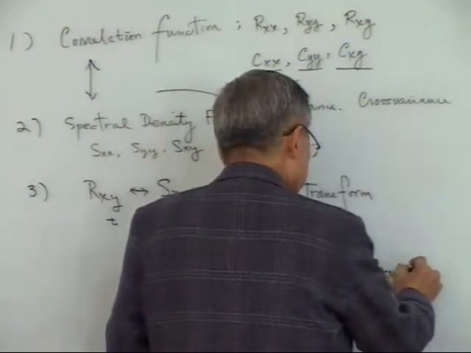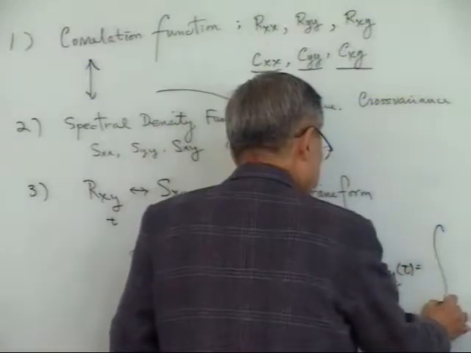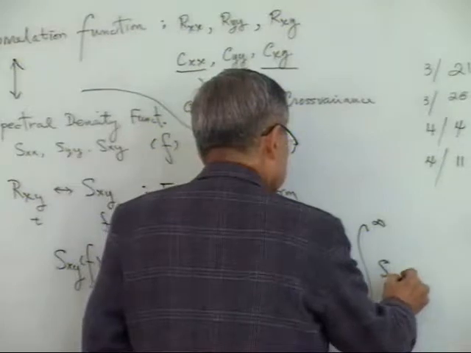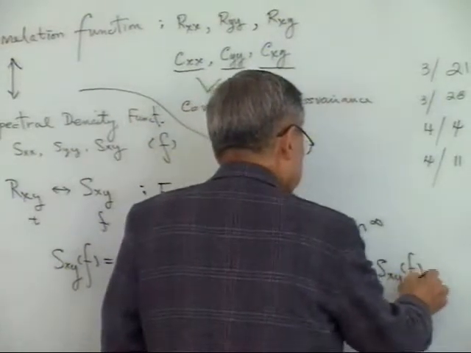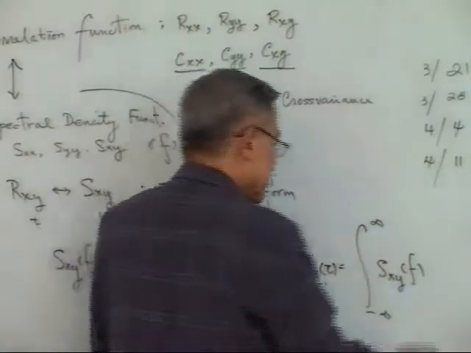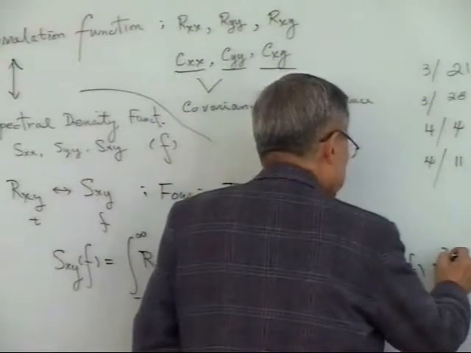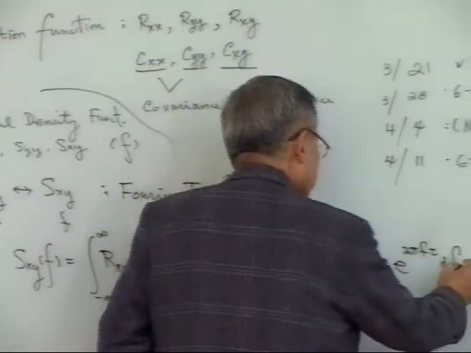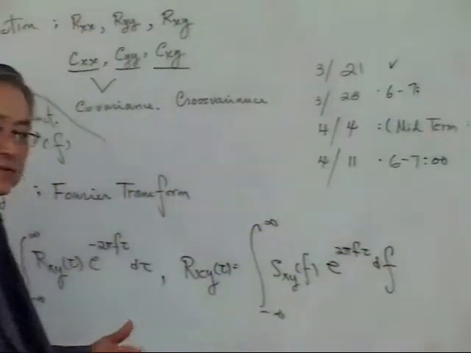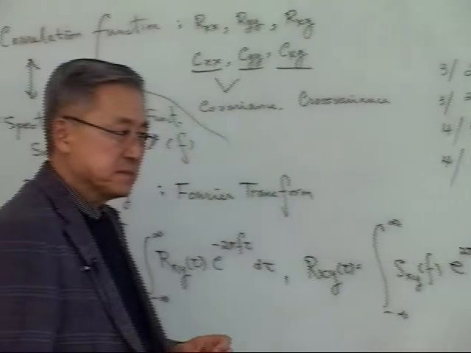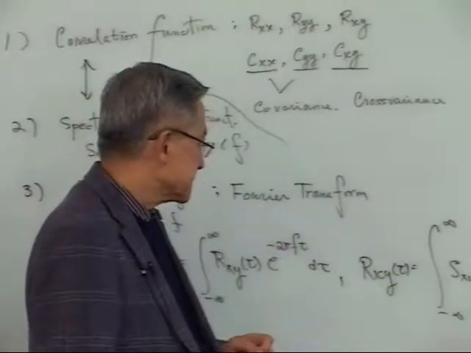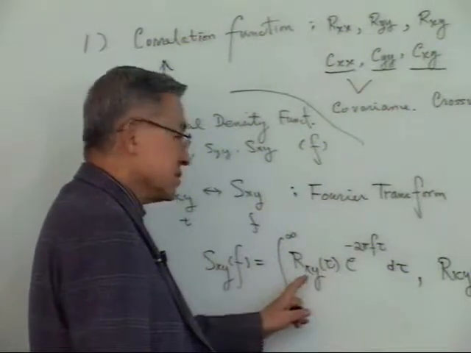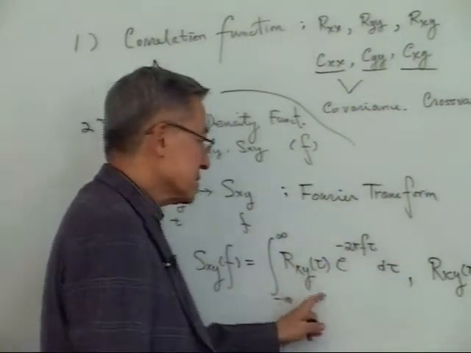So once you know this, Rxy, of course, is a function of tau, is the integral from minus infinity to infinity of Sxy(f) e to the 2 pi f tau df. This is the inverse Fourier transform. Of course, if it's xx, it's going to be xx.